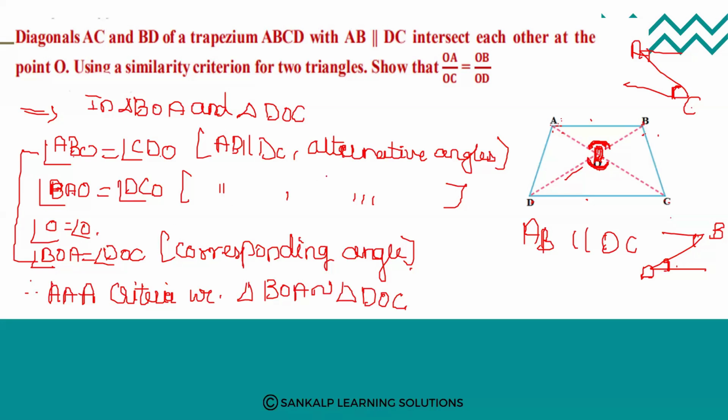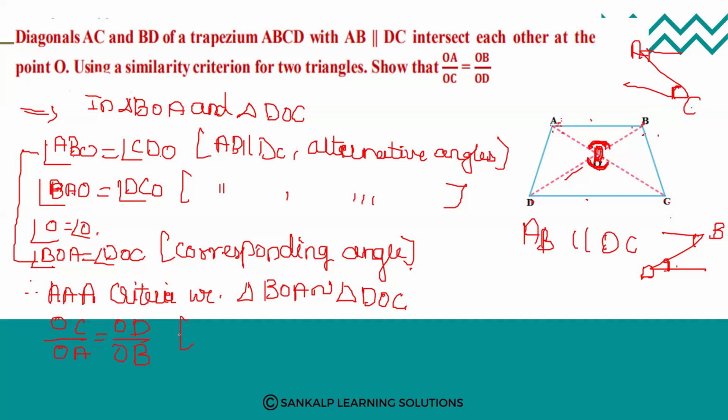So when these two triangles are similar, then corresponding sides are in the same proportion. ಯಾವ್ಯಾವ sides ಆಗತ್ತೆ ಇಲ್ಲಿ? OC divided by OA is equal to OD divided by OB.